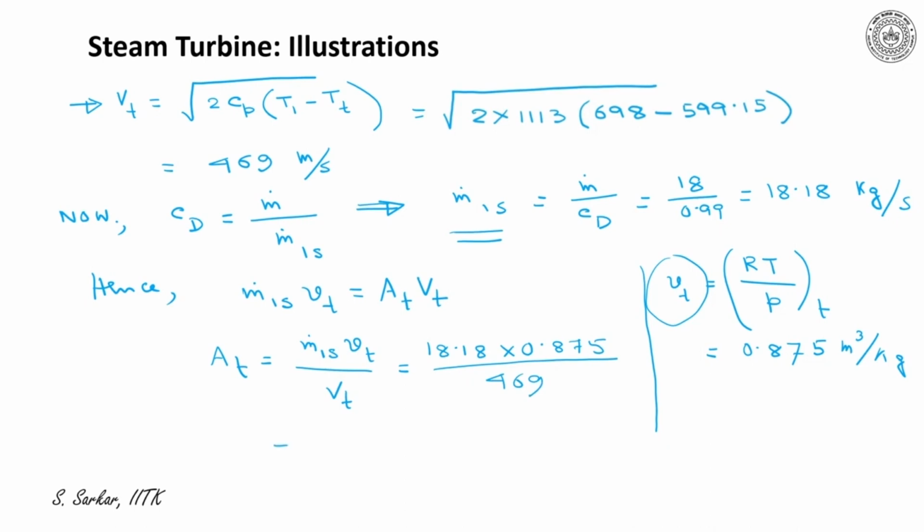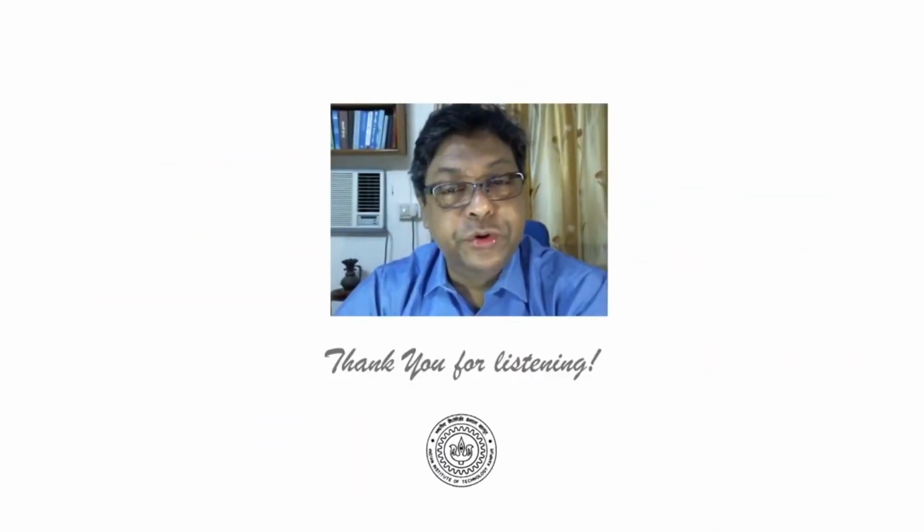If you evaluate, you'll get area of the throat as 0.034 meter square. Thus, I have calculated area of the throat as 0.034 meters square. Hence, I have solved the problem calculating exit area of the nozzle and area of the throat. I request you to solve similar problems and thank you for listening.